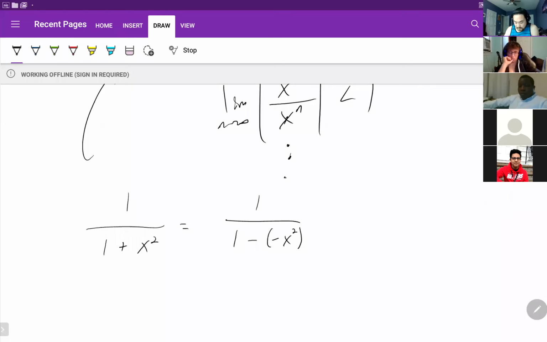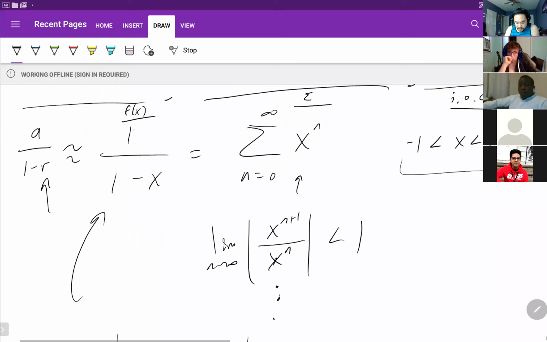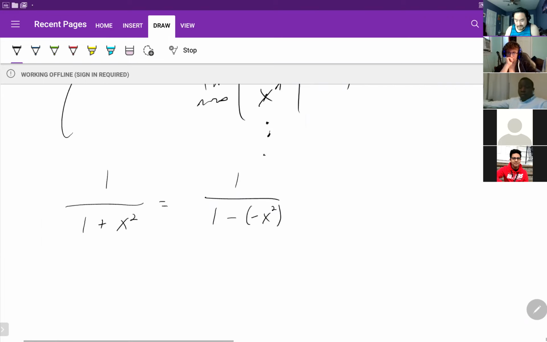With that being said, since this now resembles 1 over 1 minus x, I can turn it into a series. It turns into something almost like u substitution: if it looks like 1 over 1 minus u, and u is a function, you can write it as the sum of u to the n.